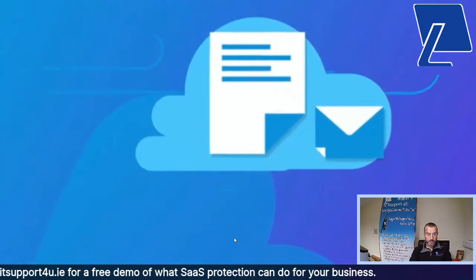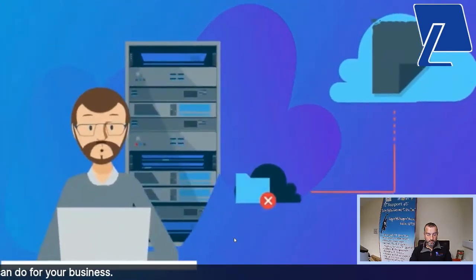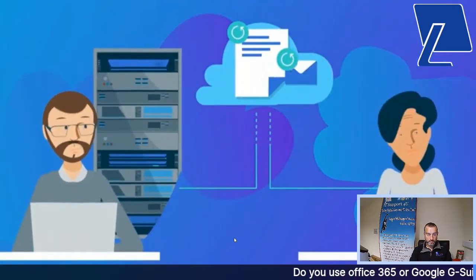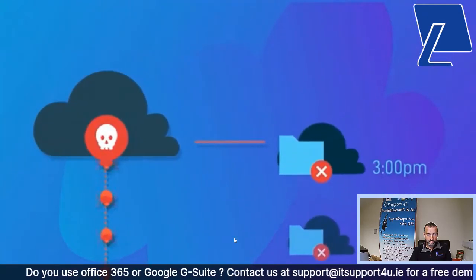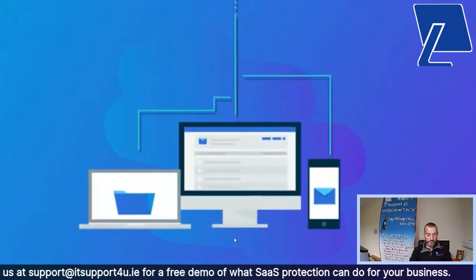If an employee deletes an important email, accidentally or maliciously, your IT expert can simply restore the latest version right to you or another user, all without ever stepping foot in your office. If you get hit with ransomware, your IT provider can restore emails, files, and sites in the state they were in before the infection.